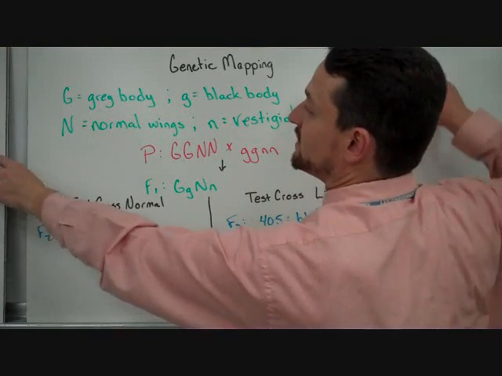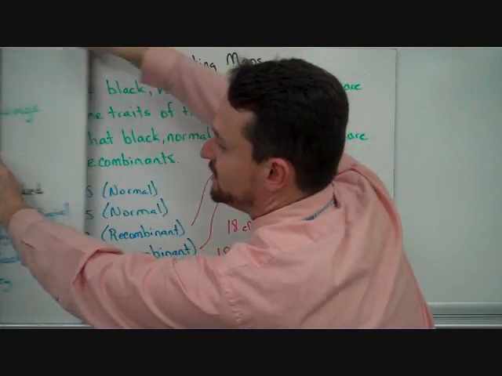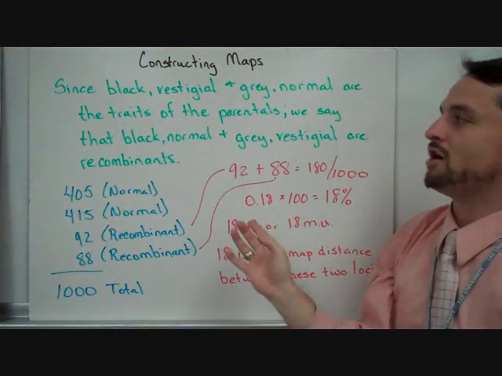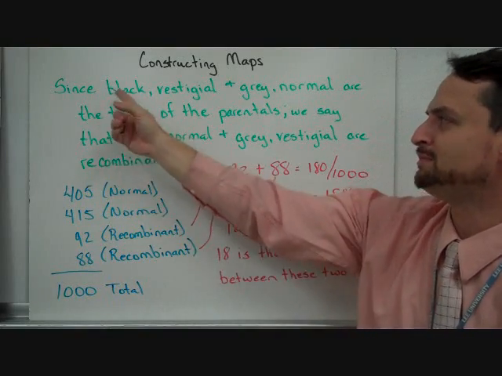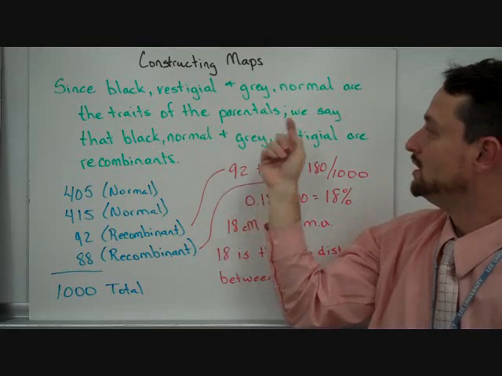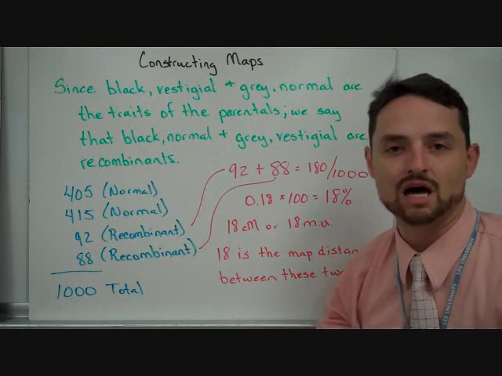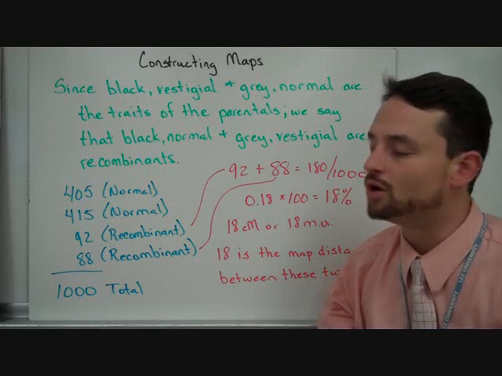So now we want to take that a little bit further and say, well, how far are they from each other on the chromosome? So since black vestigial and gray normal are the traits of the parentals, we say that the black normal and the gray vestigial are recombinants. So a new term there you need to know.